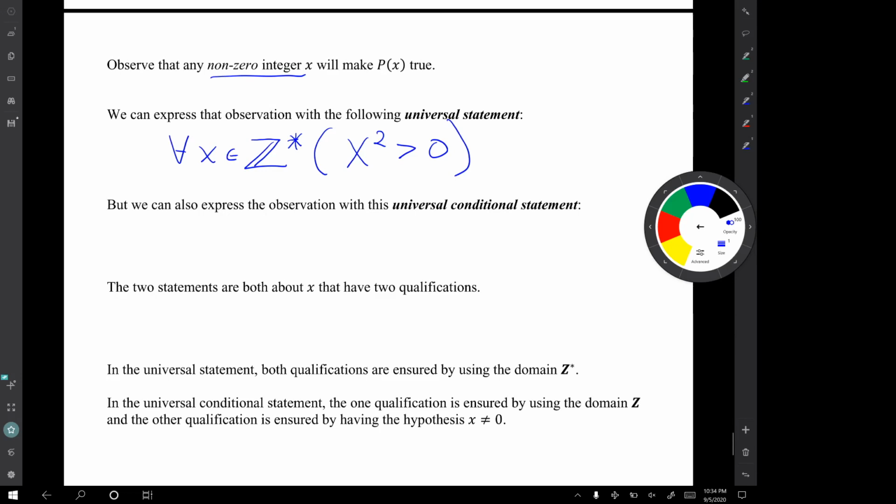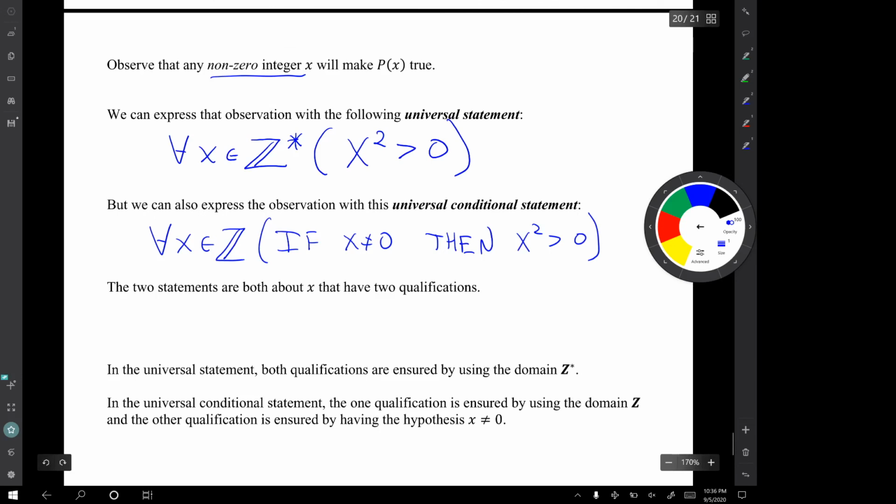But we can also express the observation with this universal conditional statement: for all x in the integers, if x is not 0, then x squared is greater than 0. These two statements are both about x values that have two qualifications. The first is that x has to be in the integers, and the second is that x has to be non-zero.